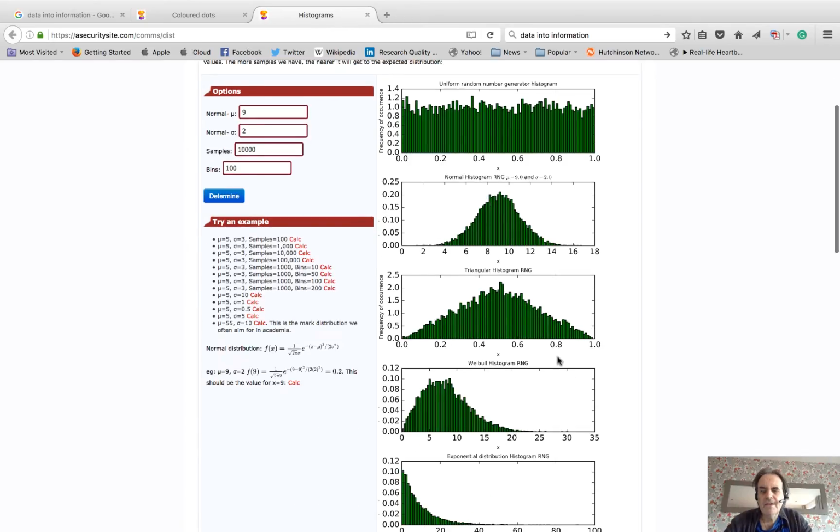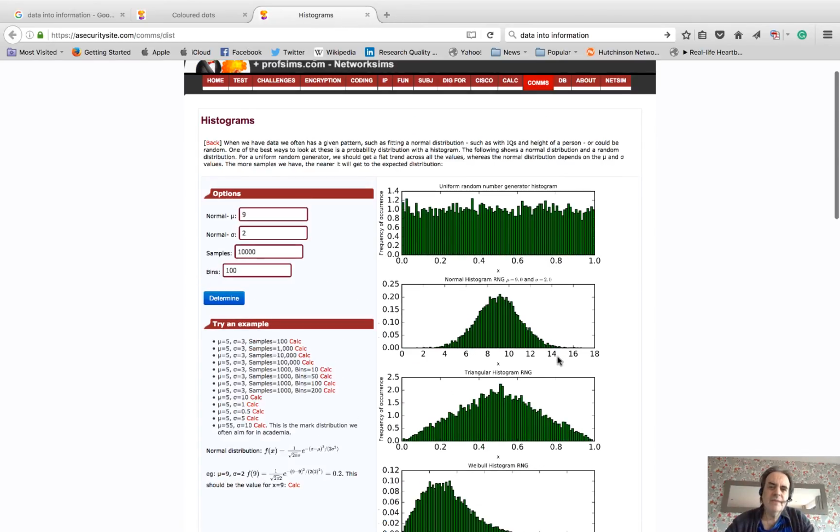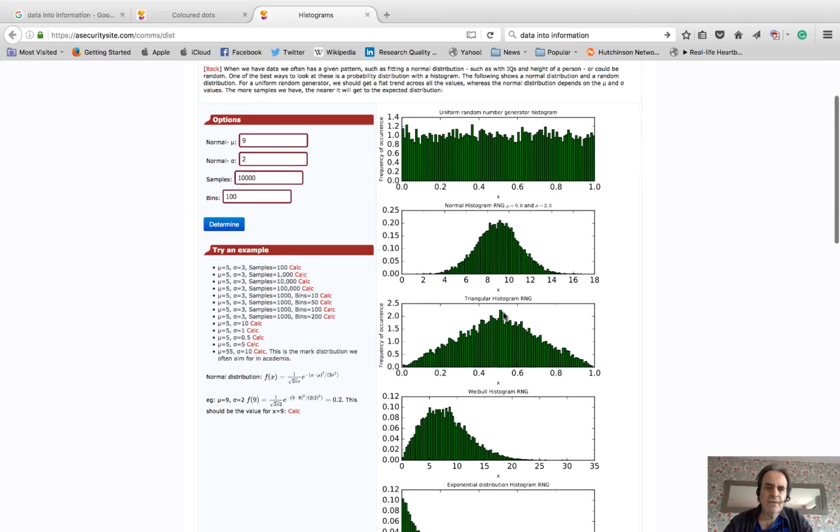There are various standard types of histograms that we get depending on the behavior of our data. This one is called a normal distribution, and we typically have a mean and a standard deviation with that. So we'll go into that in more detail.